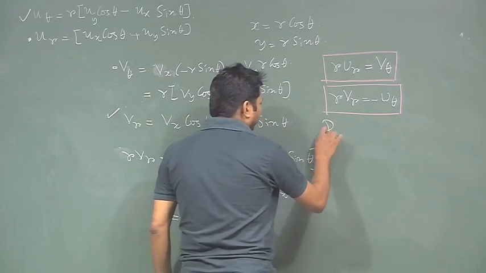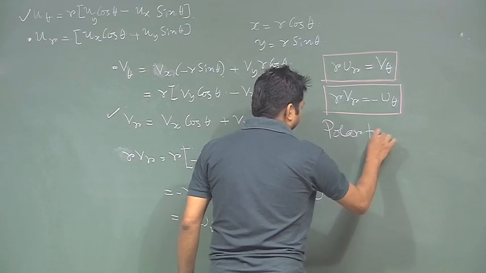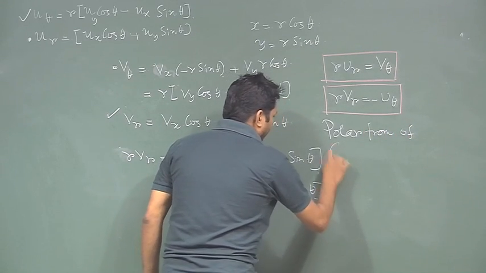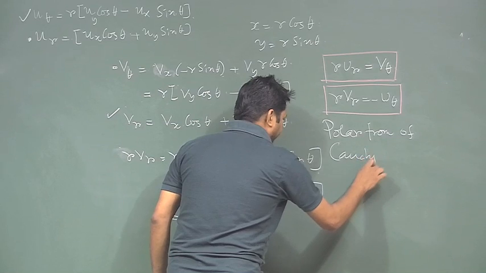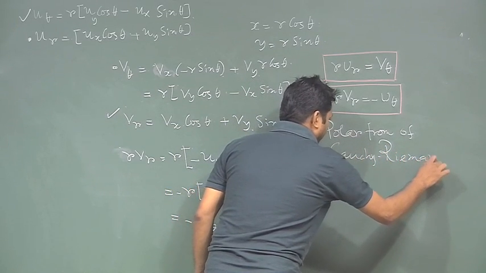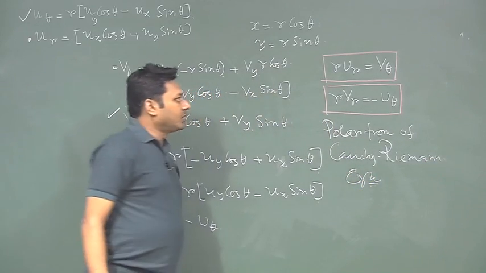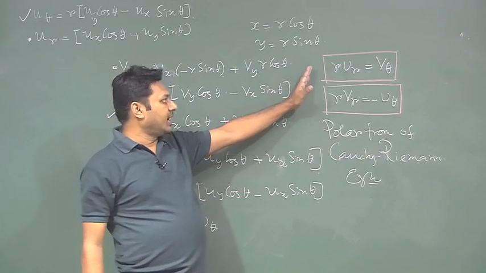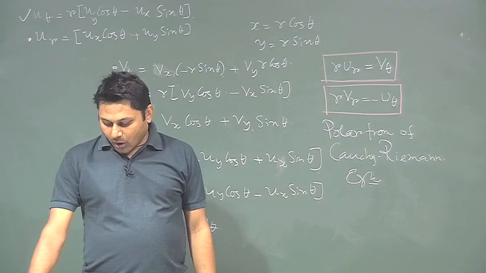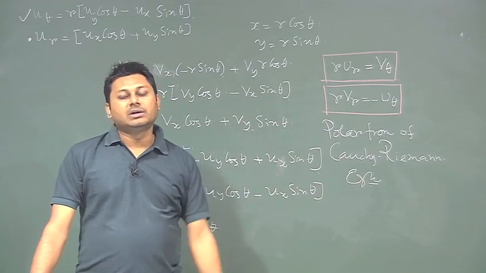So, this is the polar form of the Cauchy-Riemann equation. So, the polar form of the Cauchy-Riemann equation is this, and the Cartesian form we already know. So, here I would like to stop, because after that we will go to the next topic.